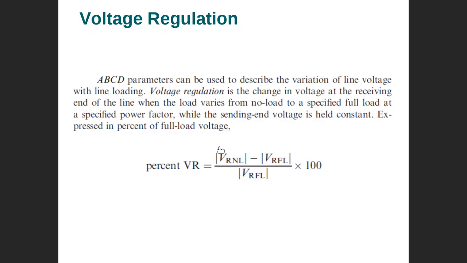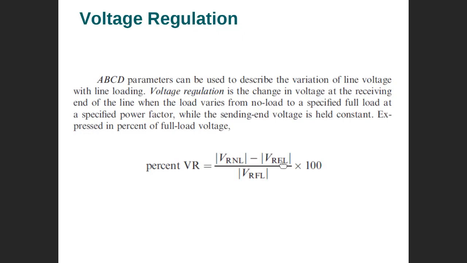It is the no load voltage at the receiving end minus the full load voltage, also at the receiving end, over the full load voltage. If the no load voltage is higher than the full load voltage, then the percent voltage regulation will have a positive value.